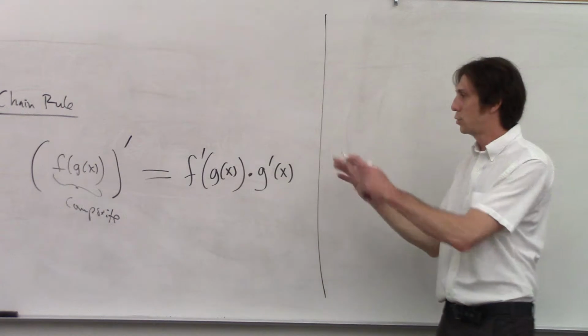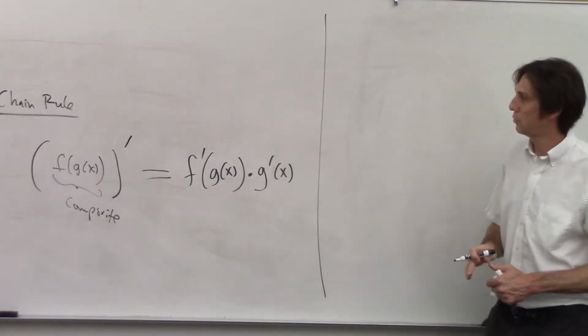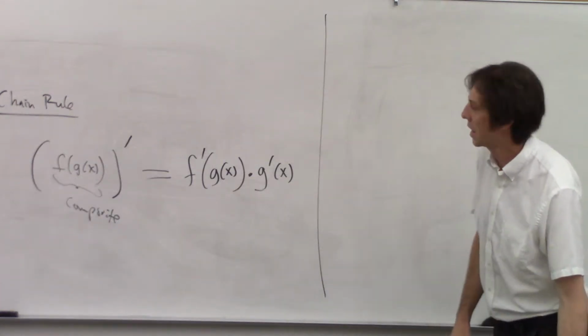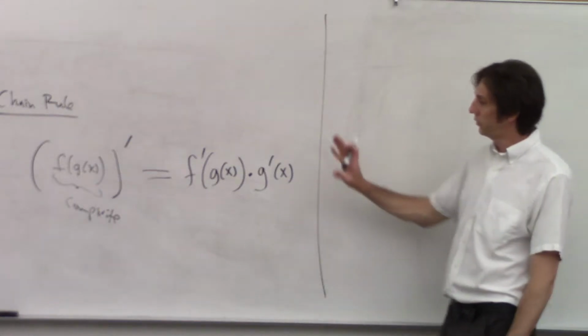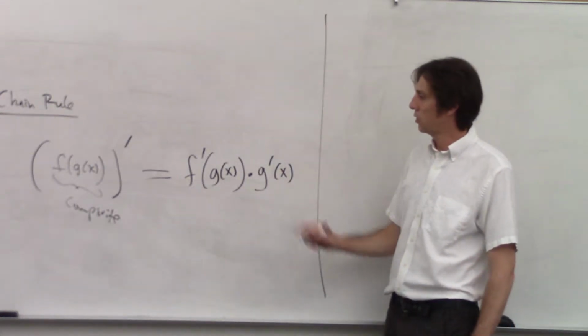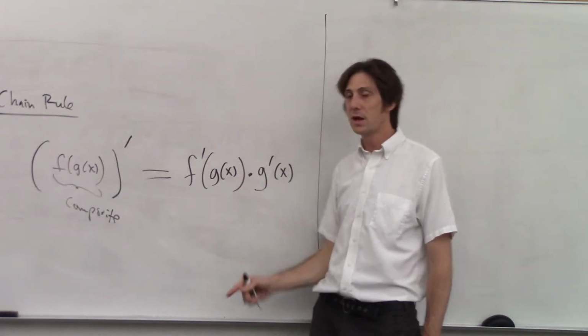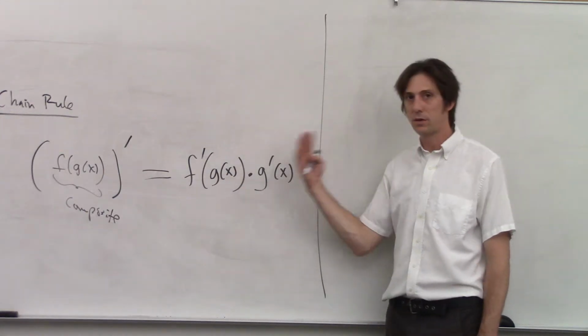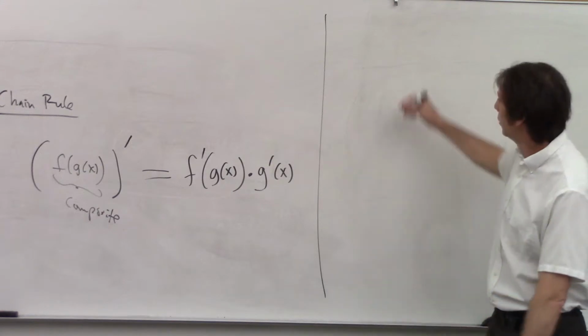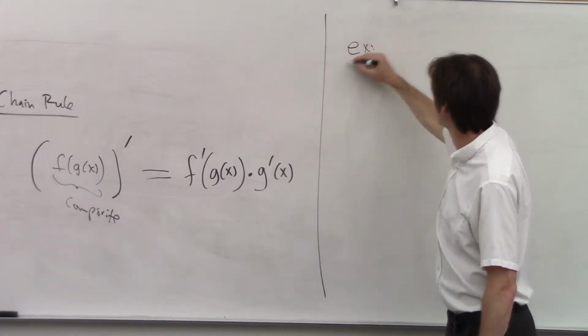Again, read the textbook for this. I imagine we'll talk about it more next in-class time, but this is an important rule to remember. Whenever you have a composite that you have to differentiate, this is the formula that you have to use, the chain rule. Let's do some examples.